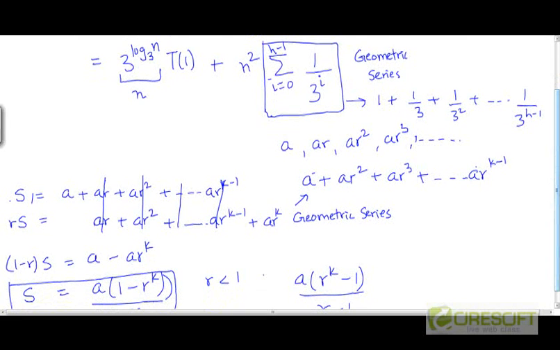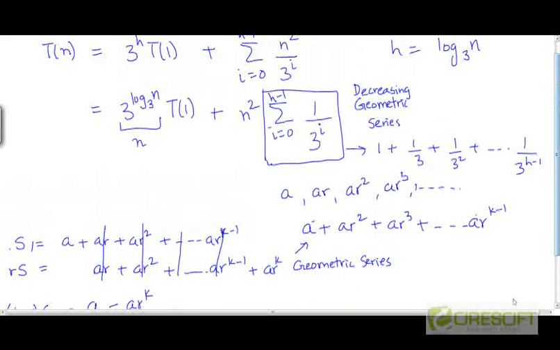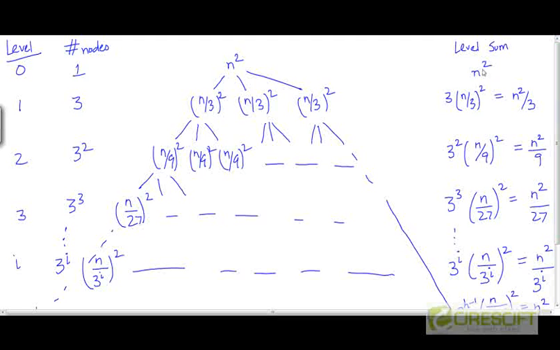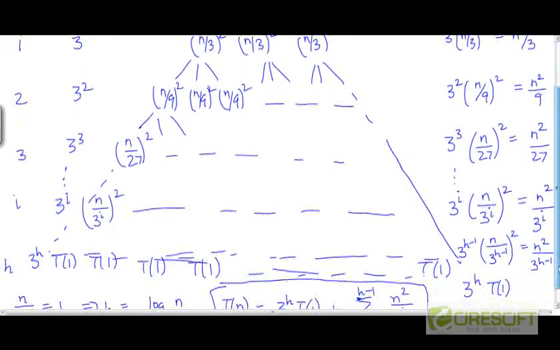I'm going to call this a decreasing geometric series because the value of the common ratio is less than 1, and so the terms are decreasing as we go down the series. Or looking at the recursion tree, as we go down these levels, the values of the costs are geometrically decreasing.